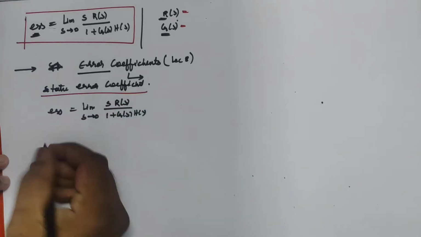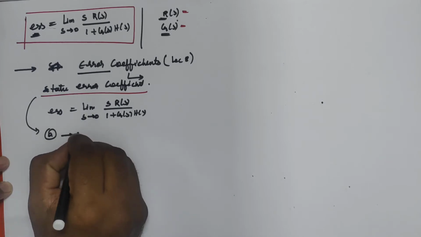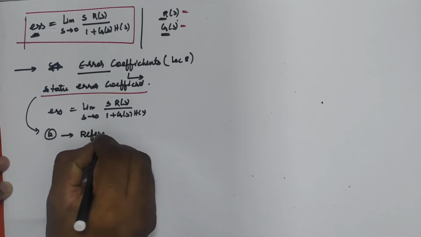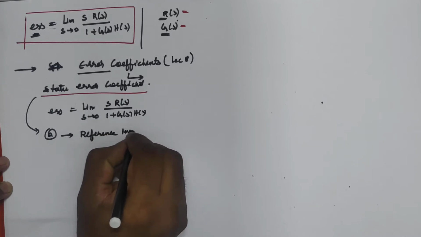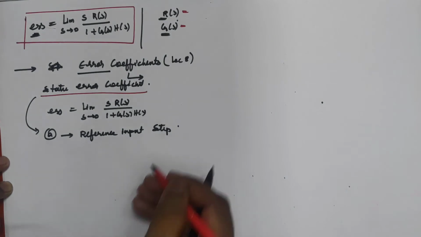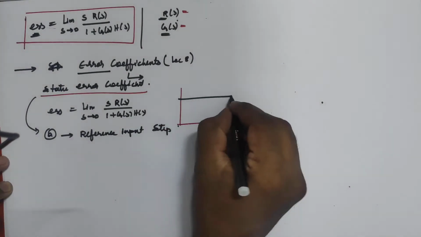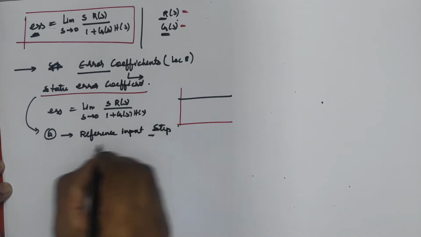The static error occurs when the reference input is a step input. If my input is a step signal, that means R(s) is equal to what?